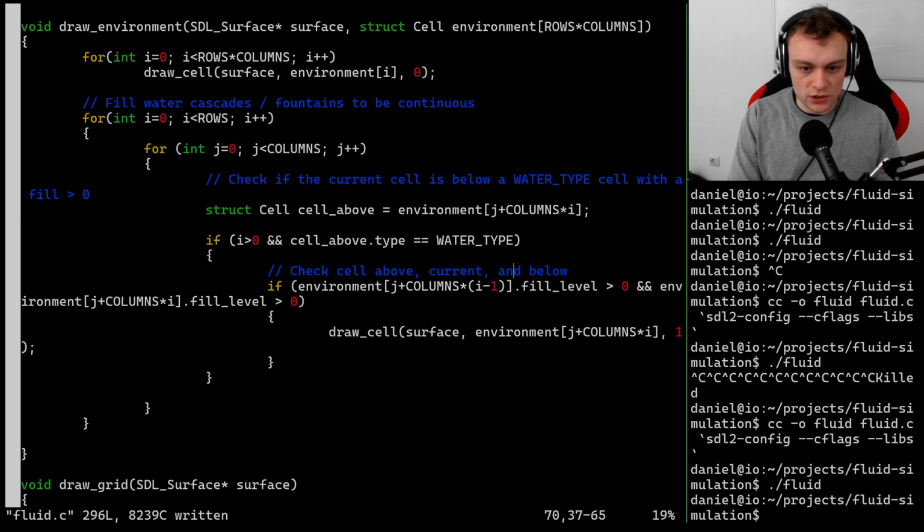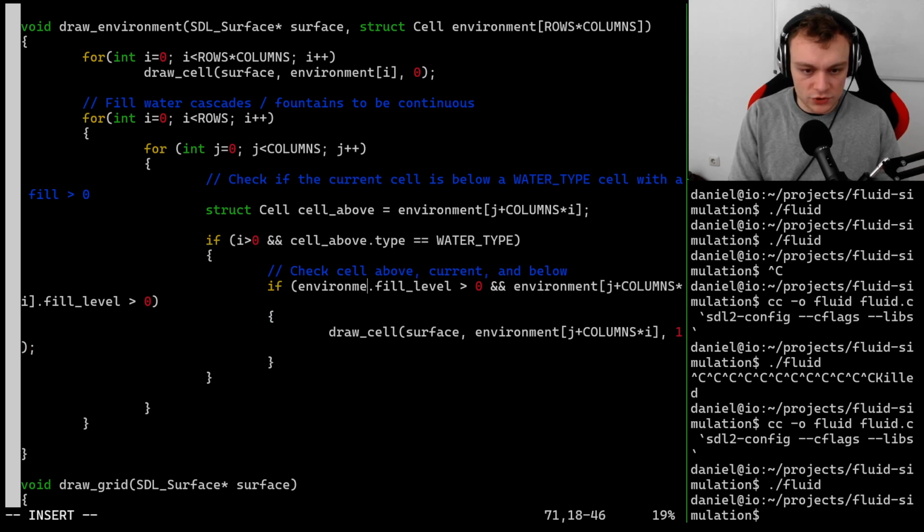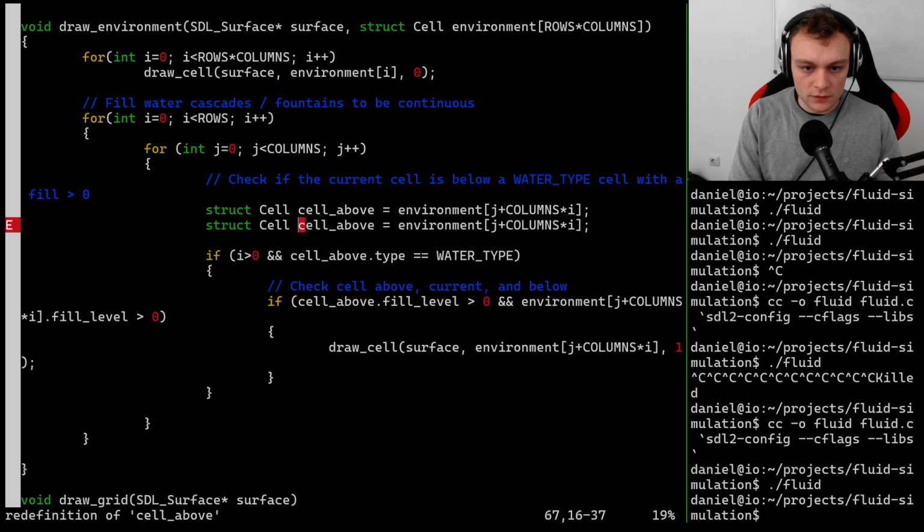Then we check, and of course we also check that the cell above dot fill level is bigger than 0. And I messed up here. I need to reference i minus 1. That is the cell above.